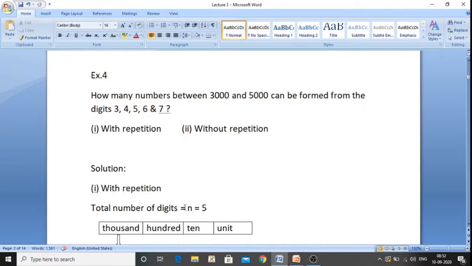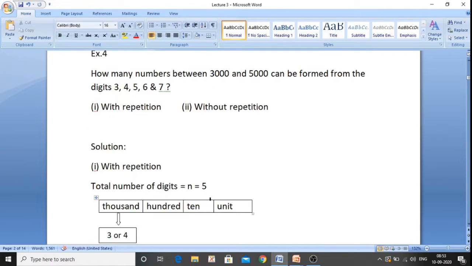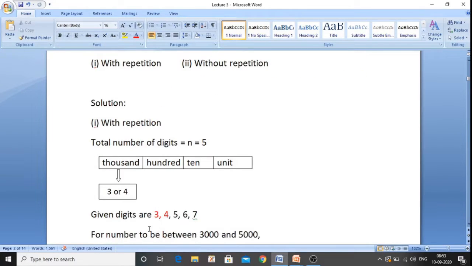Therefore total number of digits n is equal to 5. Now we want that number to be in between 3000 and 5000. That means it is a 4-digit number. And that's why we have the places: unit place, tens place, hundreds place and thousands place. Now the condition is given that the number should be in between 3000 and 5000.